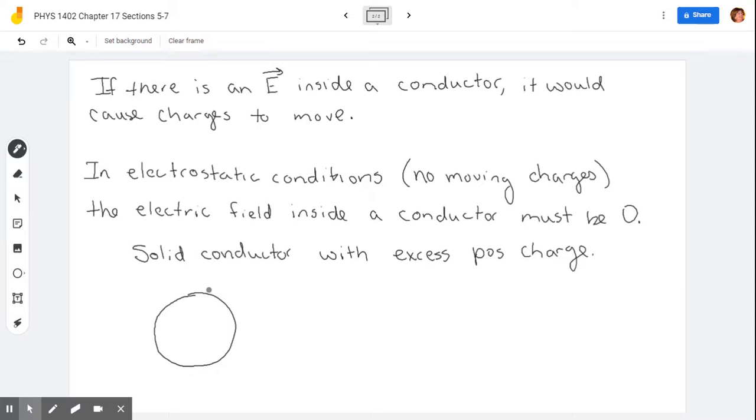And the way they're going to get as far away from each other as possible is that excess charge will all end up on the surface of the conductor, evenly spaced out, evenly distributed. Inside the conductor, the electric field is zero. None of the charges that are inside of the conductor are going to feel a force. Everything is going to be in a case of static equilibrium.